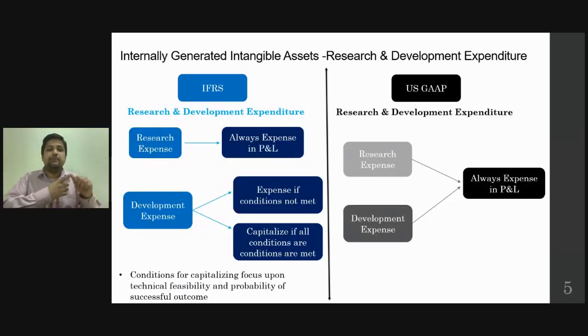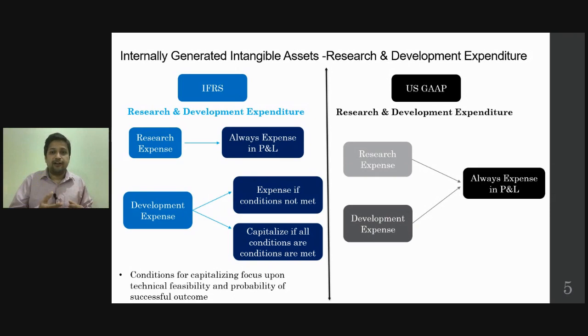Intangible assets may be purchased or internally developed. Research and development expenditure is a great example for internally generated intangible assets. Both in IFRS and US GAAP, research expenses are expensed in the income statement.